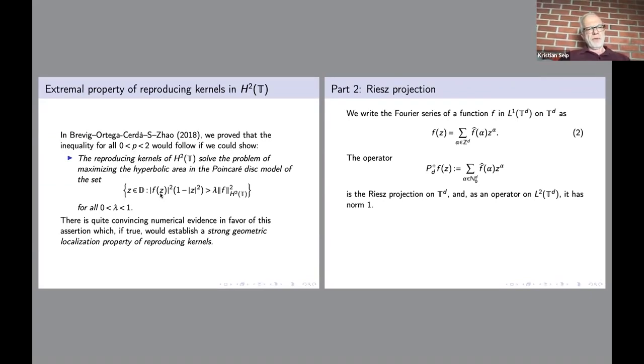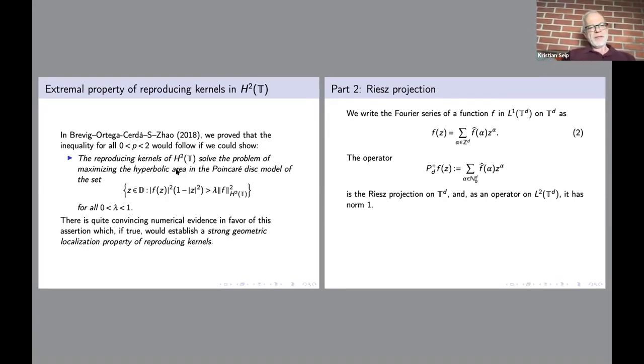Going from this inequality with Taylor coefficients, I don't want to go through the details, but you can get from that to a statement about reproducing kernels in H2 of T. Something very basic, something that I thought I knew everything about, but it turns out that I don't.